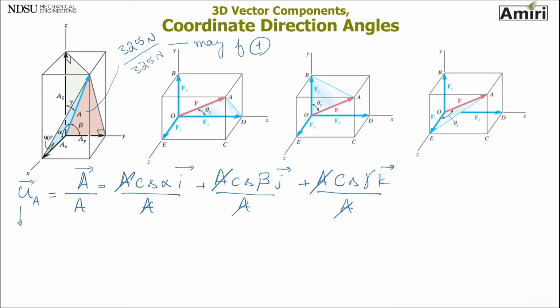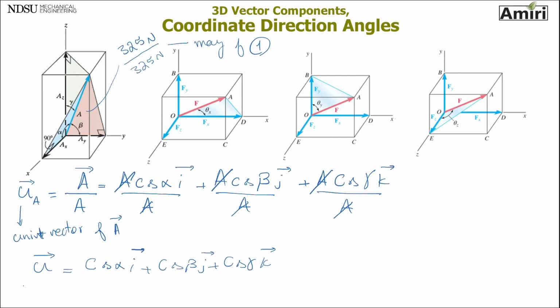So by dividing any vector by its own magnitude, I get the unit vector of A, meaning a vector with a magnitude of 1 in the direction of A. Now this is getting interesting. So I have a unit vector equals cosine alpha I, cosine beta J, cosine gamma K.